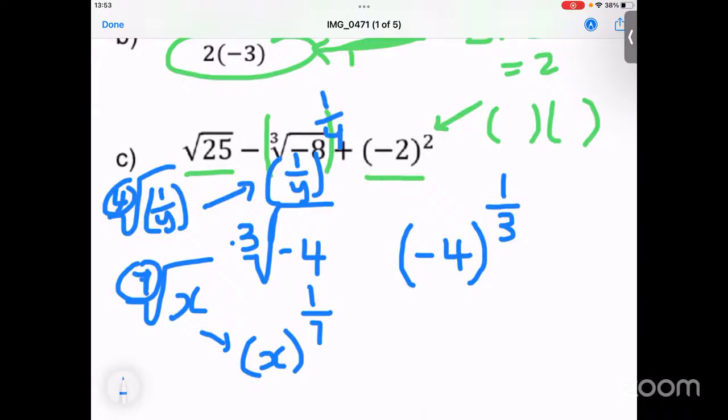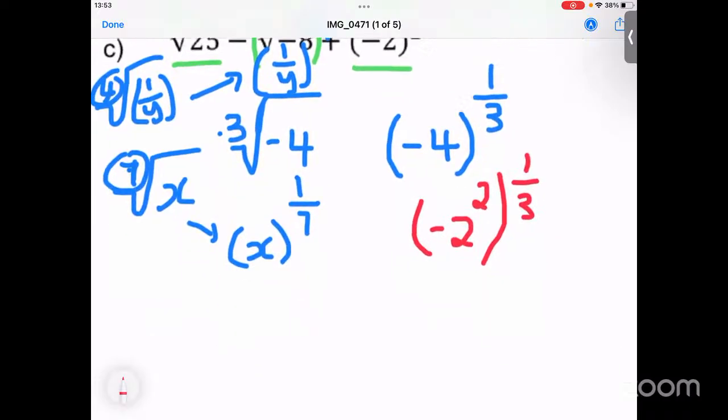So based on that information, it therefore means, what is 4? 4 is the same as 2 to the exponent of 2. You still have your 1 over 3 there. Can you see?